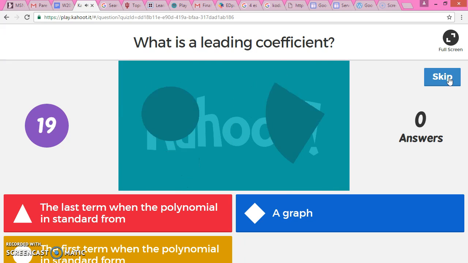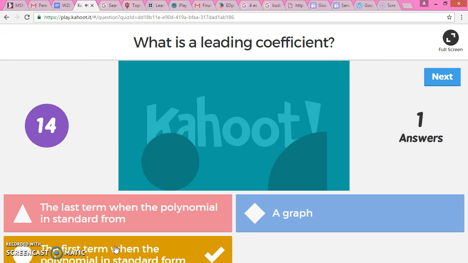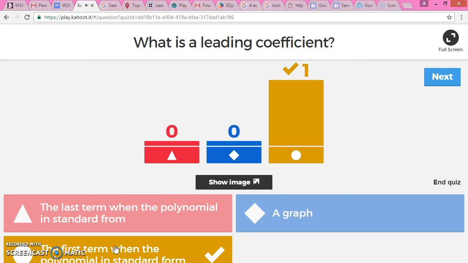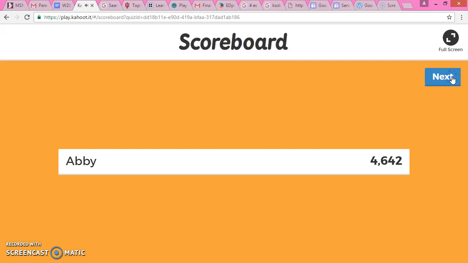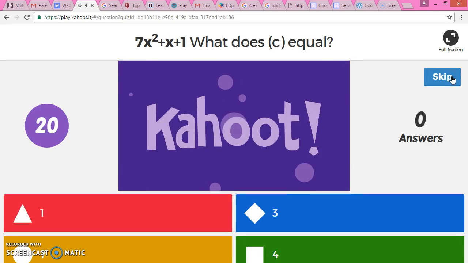What is a leading coefficient? It is the first term, so we would click circle. And then what does C equal?